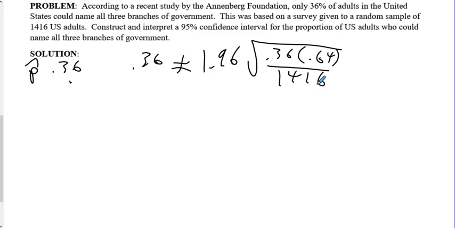Personally, I will take that and do square root of 0.36 times 0.64 divided by 1416. I will get this teeny tiny decimal, which multiplied by 1.96 gives me, drum roll please, 0.03. So what's my range? From 0.33 to 0.39.